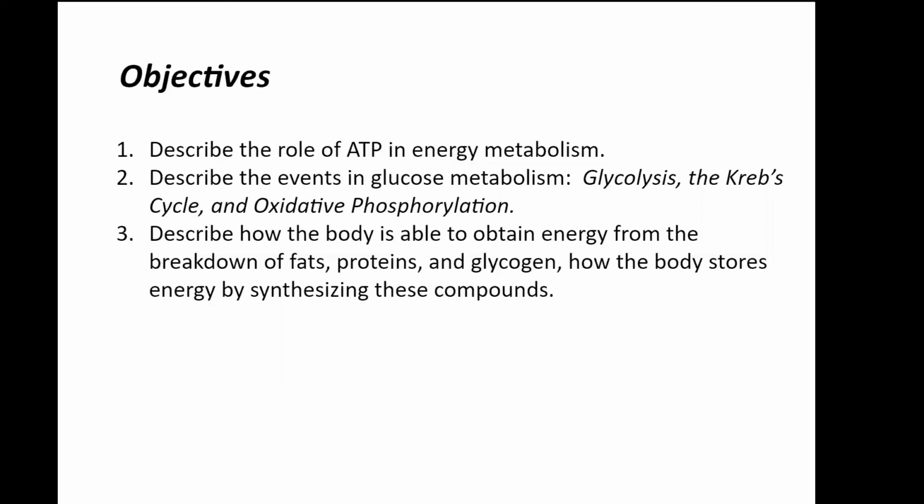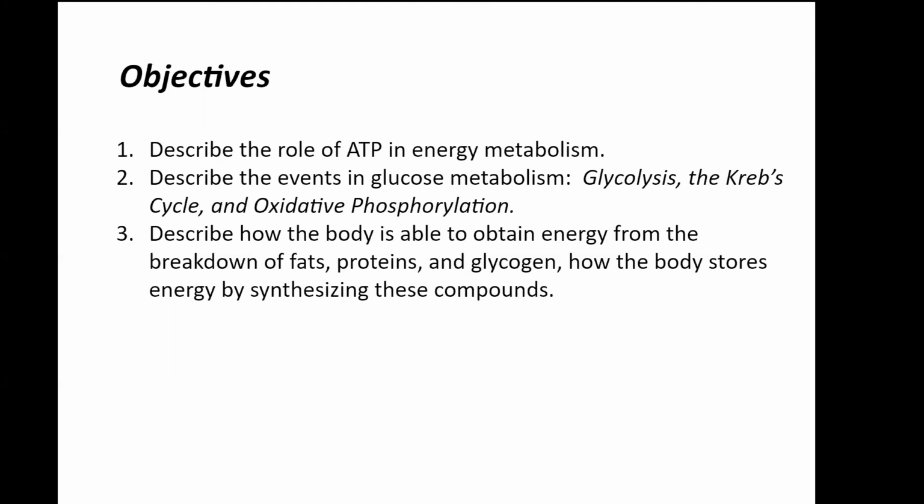So that's why we have to talk about metabolism now. I mean, ATP does tons of important things, but that's the most sort of intuitive link to the function of your body. So we want to understand the role of ATP in energy metabolism. So very, very important. Please, please, please know which of these steps make ATP and relatively how much they make, whether it's more ATP or only a little bit of ATP.